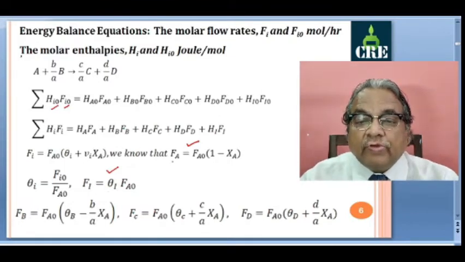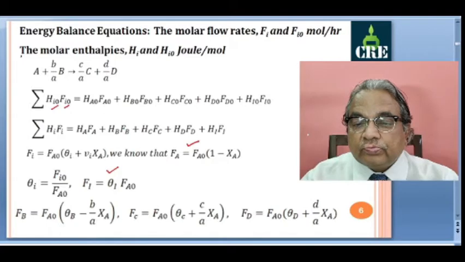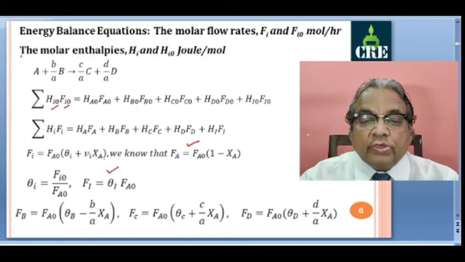So we can write Fa, we know. Similarly, now I can write Fb as Fa0 into theta b minus b by a Xa. Fc is Fa0 into theta c plus c by a Xa, and Fd is Fa0 into theta d plus d by a Xa. So here you can see for C and D being formed, we have plus sign, and B being consumed, we have minus sign.